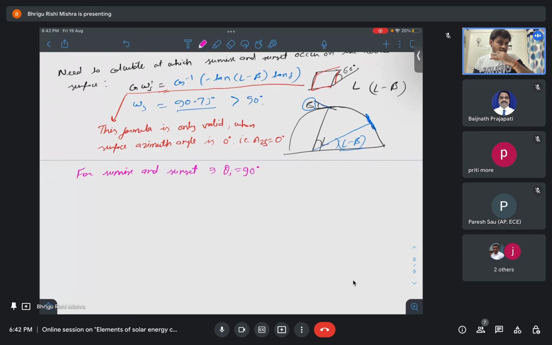Because it makes an incident angle with the vertical of 90 degrees when the sun is at the horizon during sunrise or sunset.